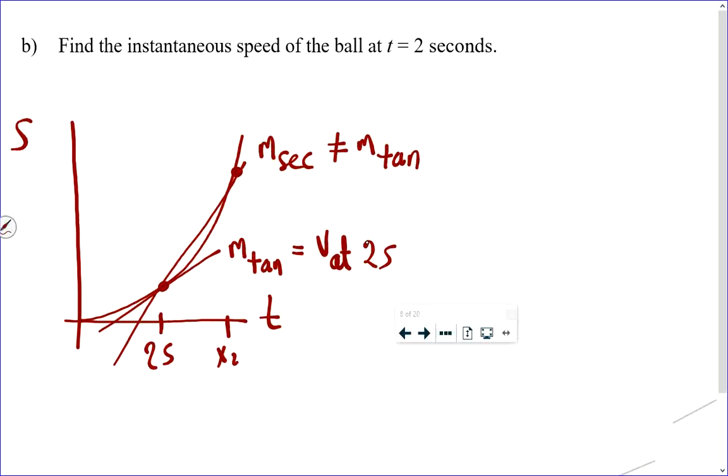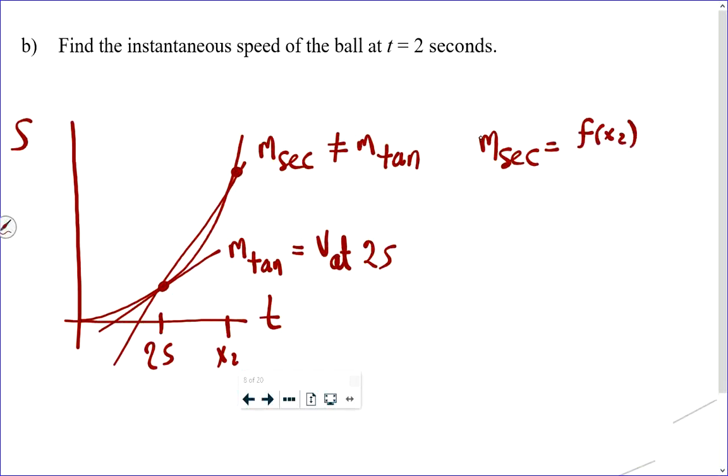And how we do this typically with instantaneous speed is we write the following. We say that the slope of the secant is the rise, which is f of x2 minus f of x1, over the run, which is x2 minus x1. I hope it's not lost on you that this 2 seconds is x1.